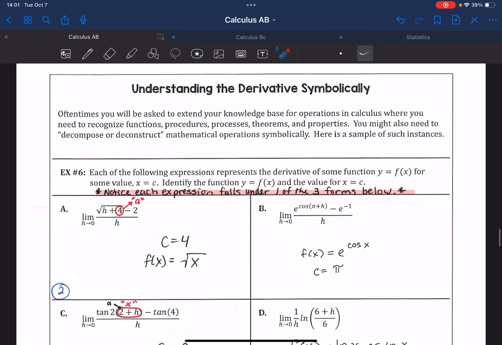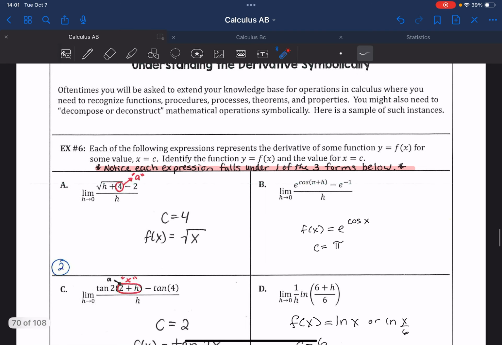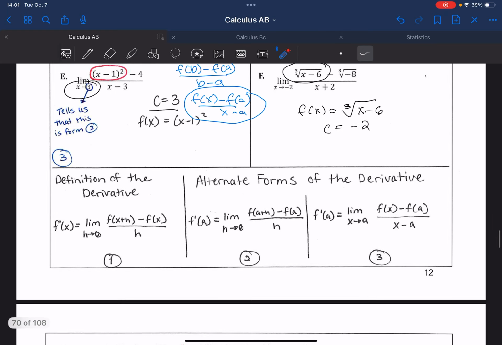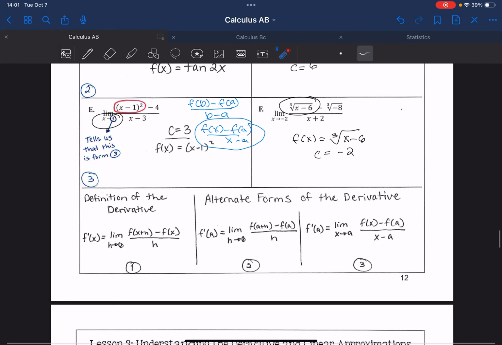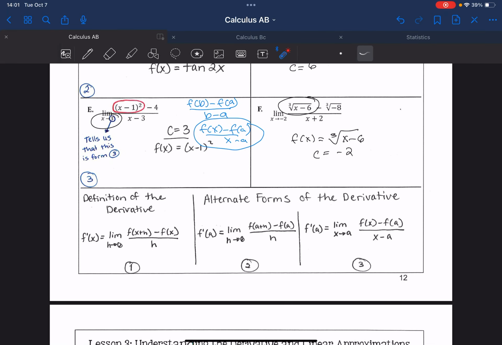Looking at it symbolically, it says, notice each of these different ones are going to fall into 3 different forms, okay? The 3 different forms would be this. It would either be the definition of the derivative, so that limit, okay, or the alternative form.